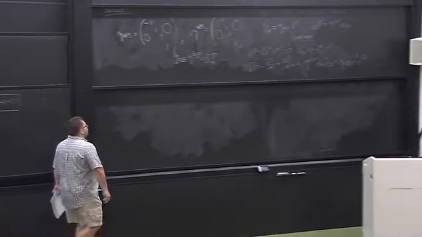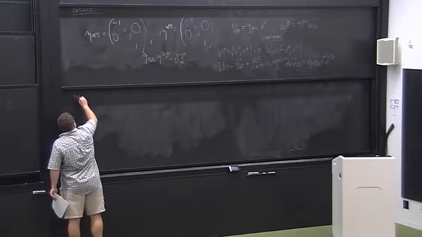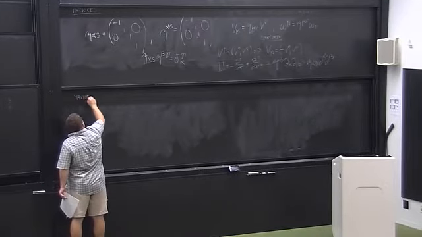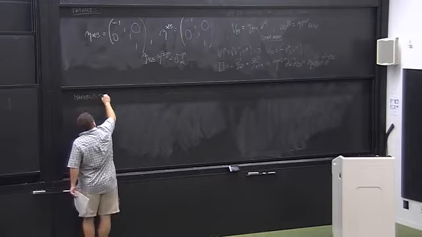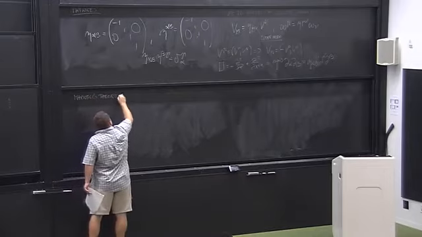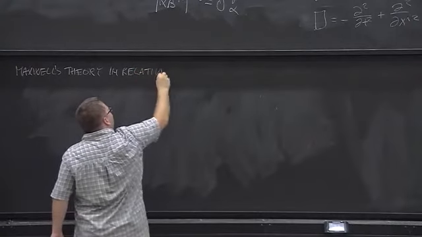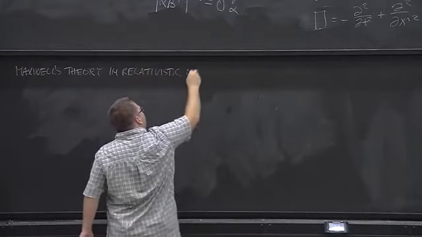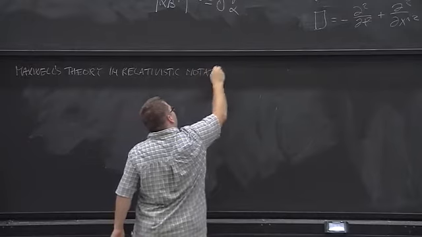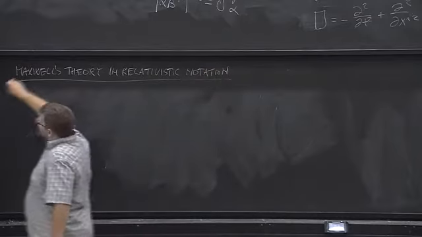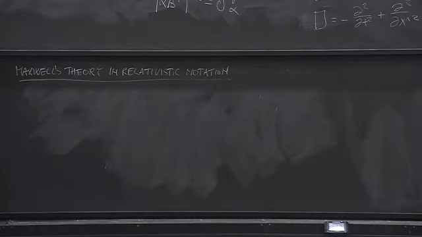Okay. So we start with the potential. So Maxwell's theory in relativistic notation. So we want to write everything in terms of the objects which have the right Greek indices.